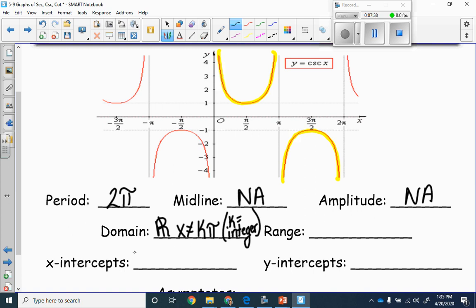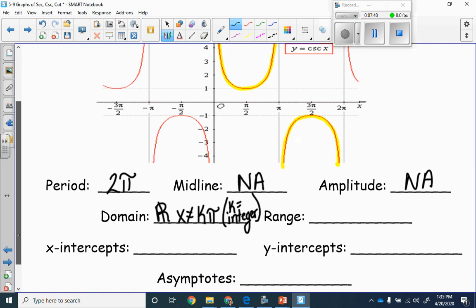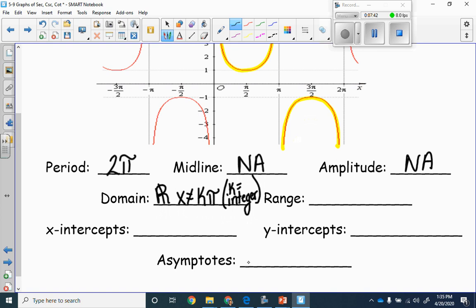Those are where your vertical asymptotes are. So x equals k pi is where you're going to have your vertical asymptotes. Range is going to be the values of y that are greater than or equal to +1, or y is less than or equal to -1. X-intercepts, there are none, and y-intercepts, there are none there either.